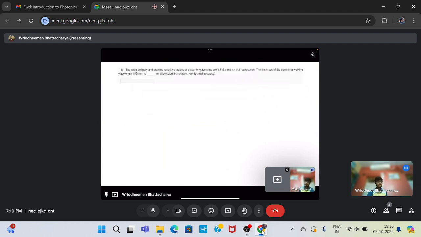The extraordinary and ordinary refractive indices of a quarter wave plate are 1.7483 and 1.4412 respectively. The thickness of the plate for a working wavelength of 1550 nanometer is what, in meters? We know the phase retardation is 2π/λ (ne − no) d, and for a quarter wave plate φ equals π/2.